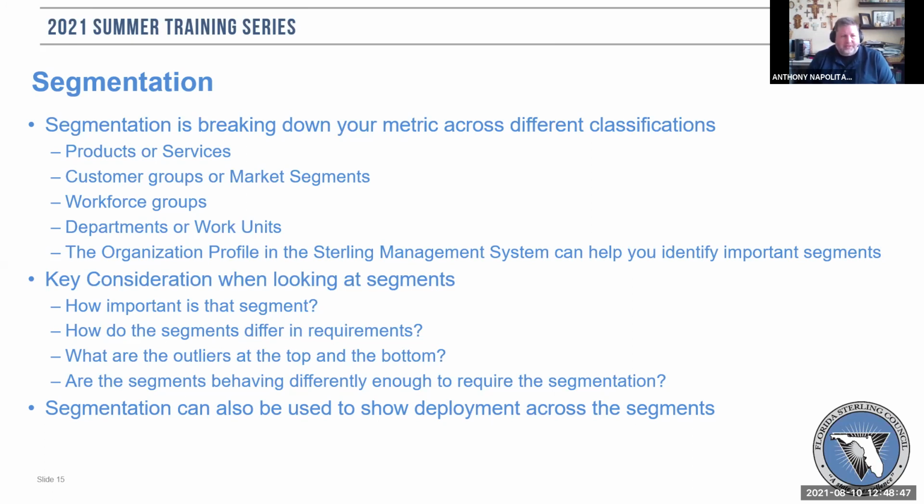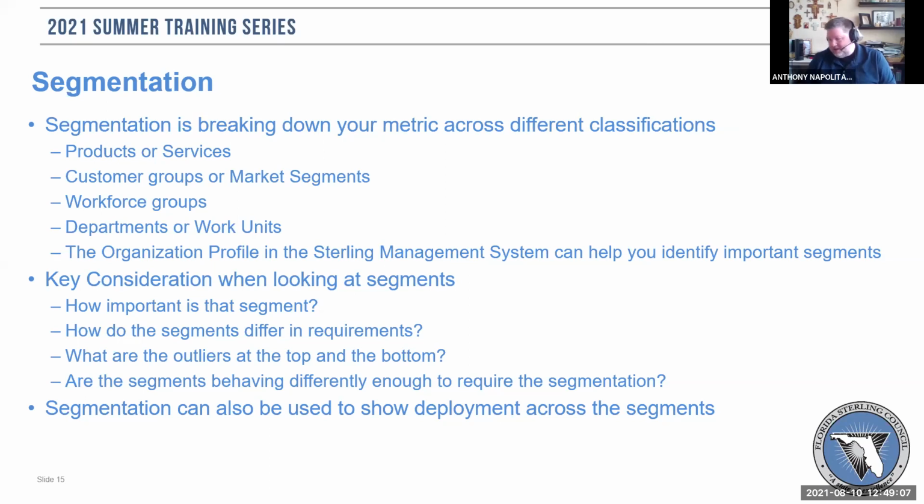Your workforce groups, your departments, your work units, and, plugging back to the Baldrige management system, the organizational profile can help you really pick out those important segments because they ask about them. Right there they ask about your important segments for workforce groups, customer groups, products and services.